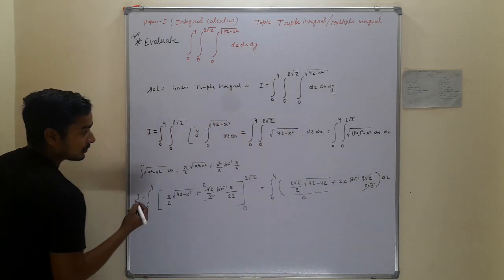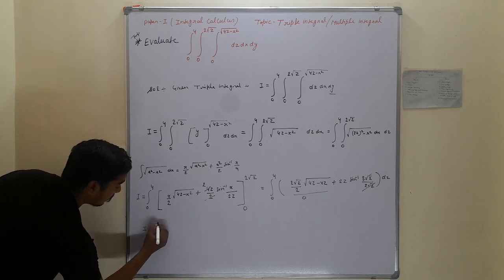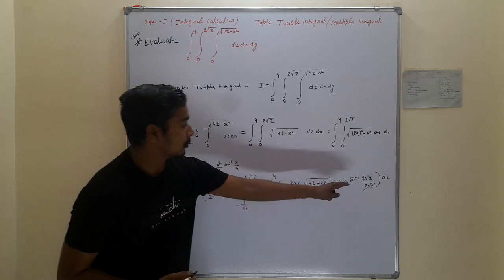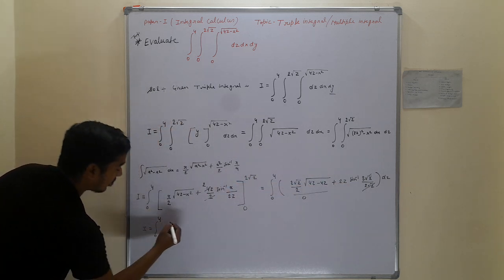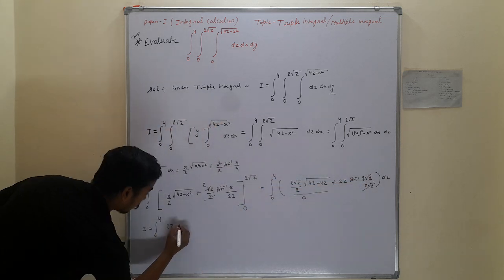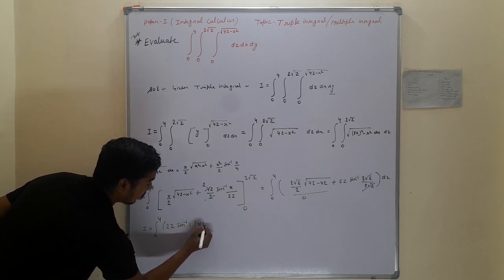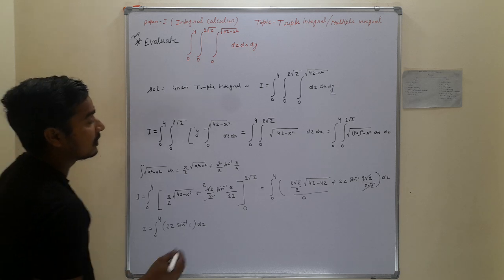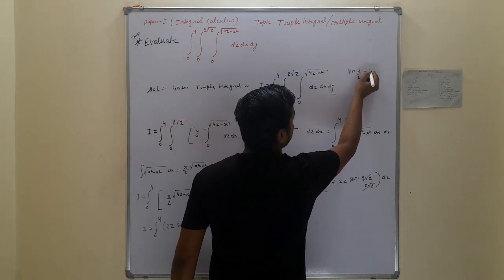Then we solve further. I equals the integral with limit 0 to 4 of 2z sine inverse of 1, and we know that sine inverse of 1 is pi by 2, since sine pi by 2 is 1.